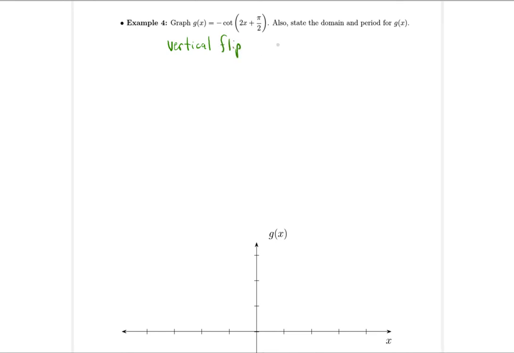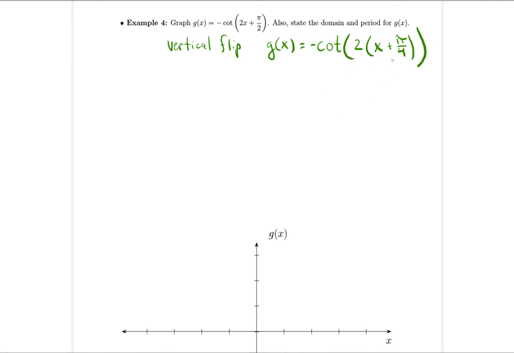And so let's take a look at what we've got in here. So I can rewrite this as g of x equals the negative cotangent of, let's pull the 2 out. So to get pi over 2 back again, I would have to multiply 2 by pi over 4 to get that pi over 2 back again.